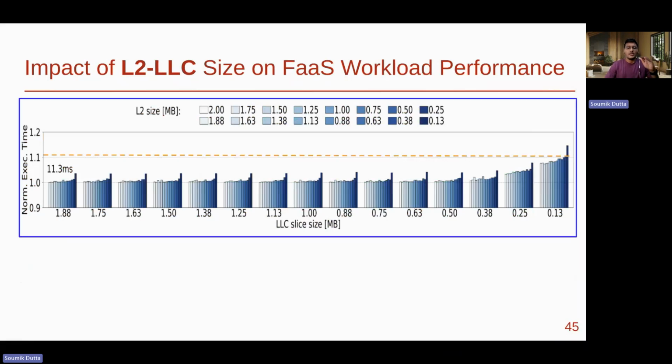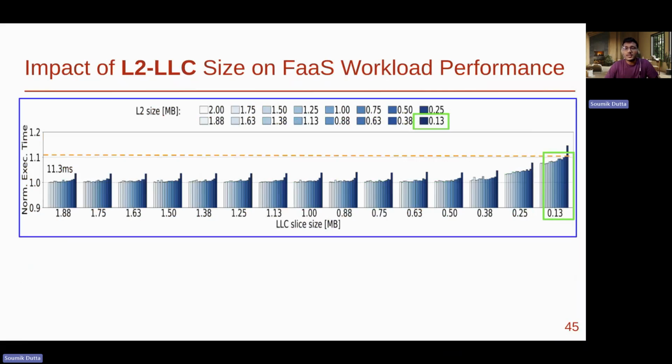For that, here the authors have plotted the execution time of a particular FaaS workload while decreasing the L2 and LLC cache size gradually. From here we can see they have decreased the LLC per slice size from 1.88 MB to 0.13 MB, and similarly the L2 size from 2 MB to 0.13 MB.